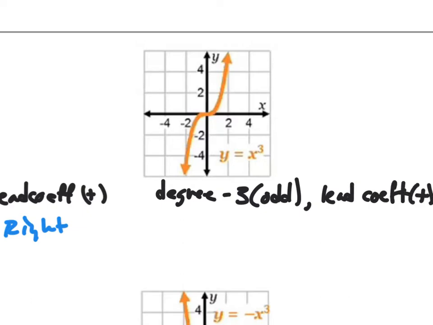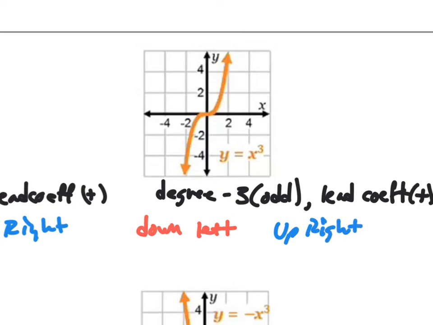So if we look at our end behavior there, since our degree is odd, they're not going to have the same end behavior on both sides. They're going to be opposites. But because our leading coefficient is positive, we're going to go down to the left, and then up to the right.